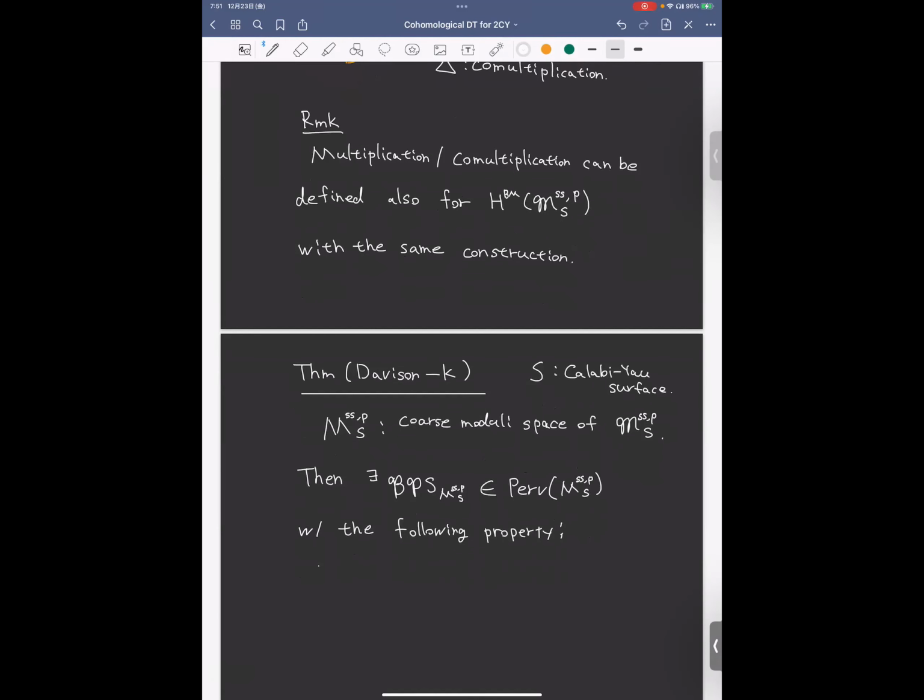Here we use the following notation. We define the BPS cohomology of this space to be the hypercohomology of the BPS sheaf.